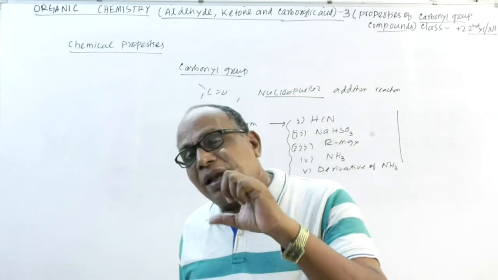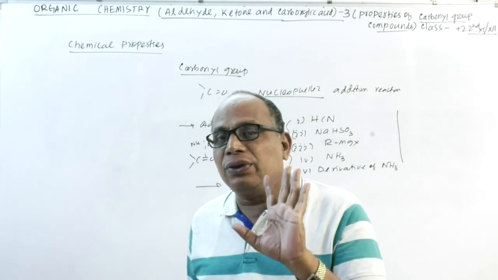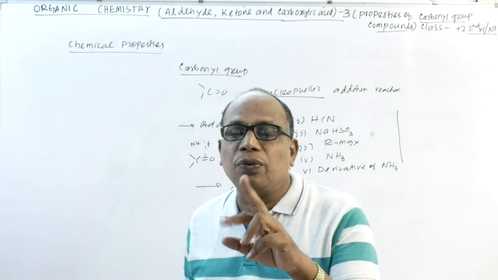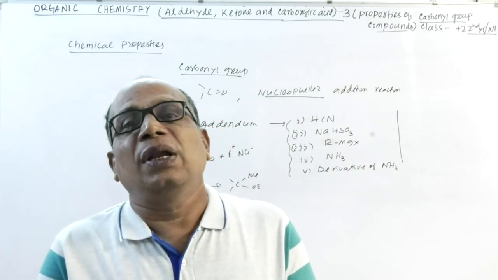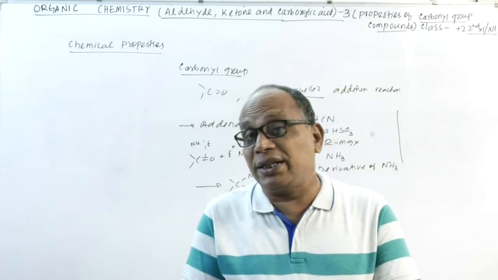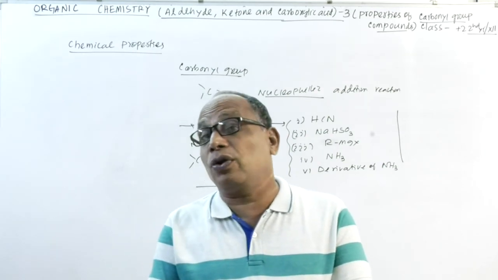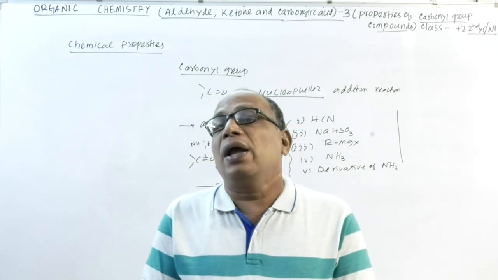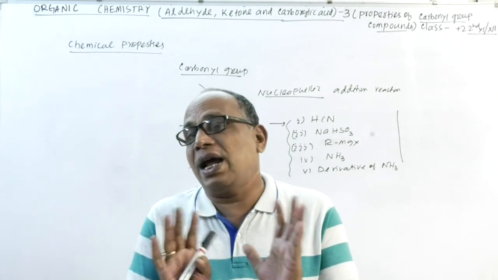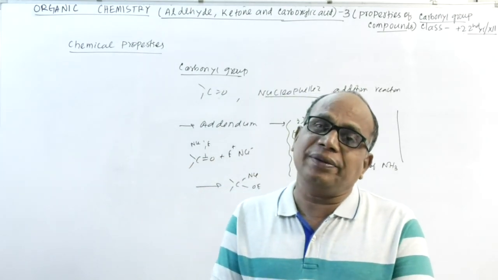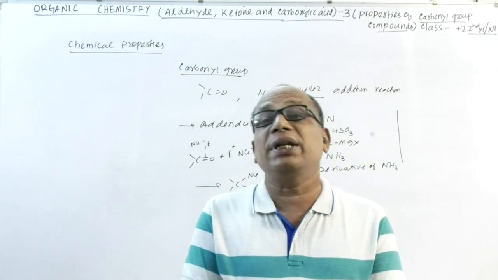When you compare the reactivity of aldehydes and ketones, a ketone possesses two alkyl groups, and alkyl groups are electron donating groups. As two electron donating groups are present in the ketone, the carbon atom of the carbonyl group does not have sufficient positive charge.